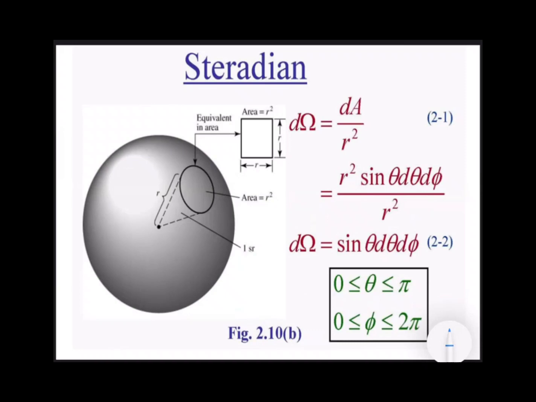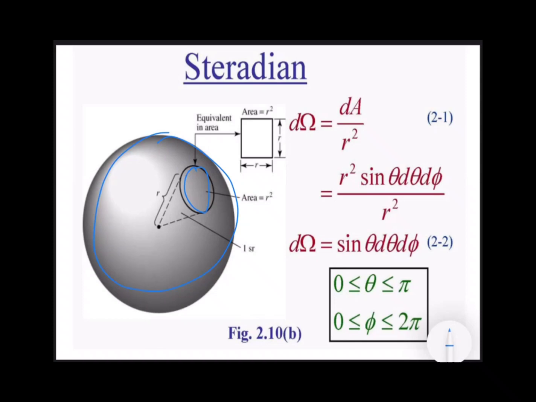And if you want to express the value of radiation intensity in terms of steradian, then the steradian is used to measure the solid angle with its vertex at the center of the sphere. This is the whole entire sphere, at the center of the sphere with radius r. Also, steradian is used to subtend the spherical surface area which is equal to that of a square with each side of length r.